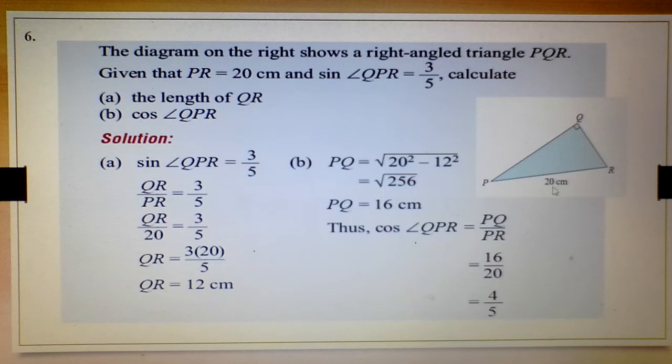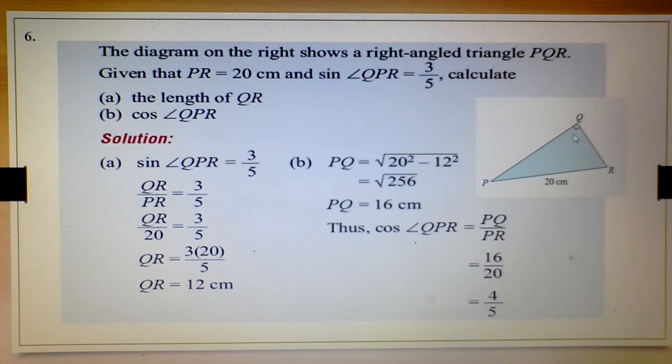So here 20 cm is 5 times 4, so here also times 4, meaning QR is 12. So sin QPR is 3/5. Use the formula sine: QR divided by PR is 3/5, QR divided by 20, PR is 20. So we find QR is 12 cm.